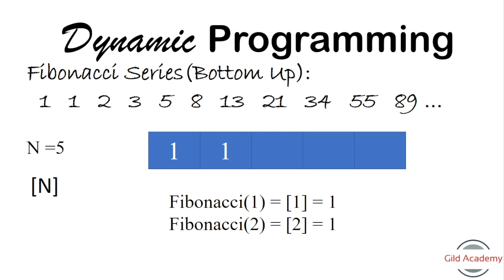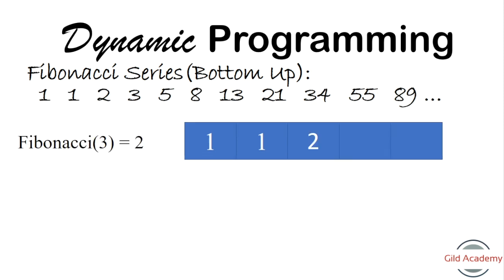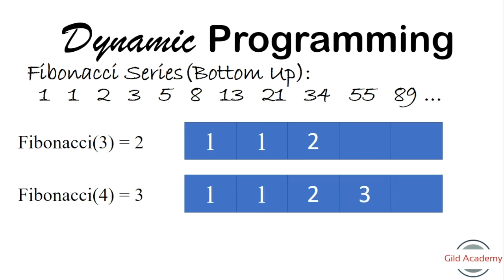So, in this kind of a solution, we are going to begin with an array and we are going to initialize the first two elements in the array with 1 as we had done earlier and then we'll build the solution by finding the third value of the Fibonacci series and we'll add the previous two elements in the array.